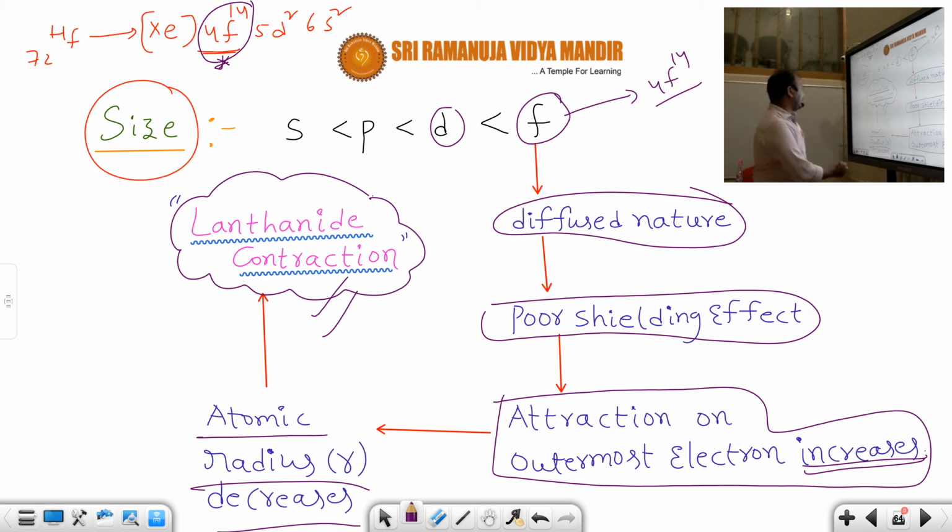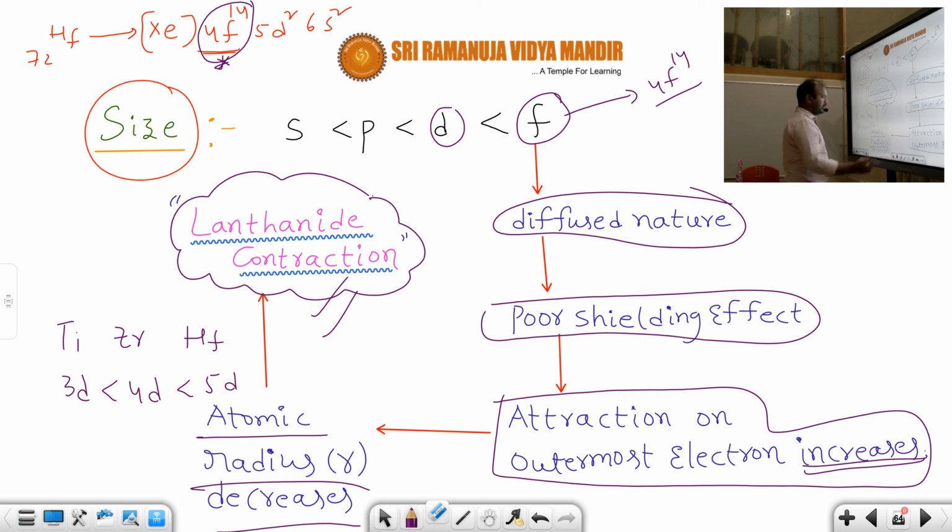So that's why titanium, zirconium, hafnium, from top to bottom: compared with the 3d series, the 4d series has more radius. Compared with 4d, 5d should have more atomic radius, since along the group the orbit number increases, so atomic radius increases. But in the case of 4d and 5d, both have almost similar atomic radius.